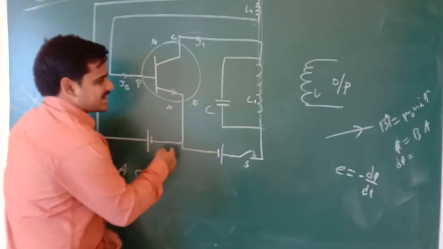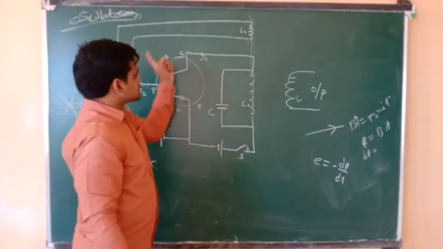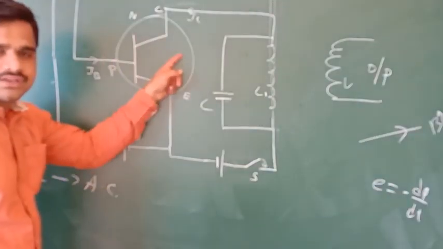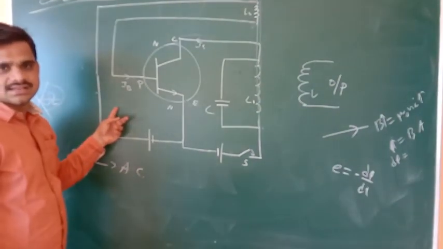That EMF passes and comes out as the output of the transistor, and it is again fed back as an input. I'll tell you one more time.